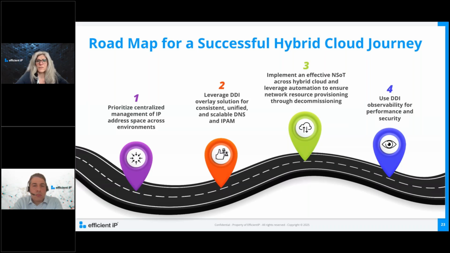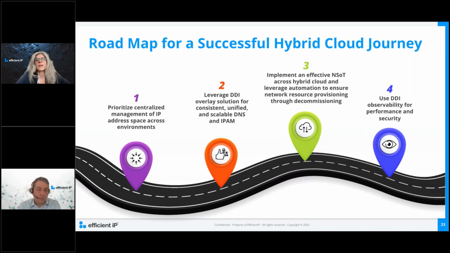Indeed, as environments grow more distributed, having a unified view across on-prem, public, and private clouds is essential to avoid IP address conflicts and maintain control. Second, leverage the full DDI integrated overlay solution, like what we've seen with our unified DDI solution. This ensures your DNS and IPAM services remain consistent, unified, and scalable, no matter how complex your infrastructure becomes.